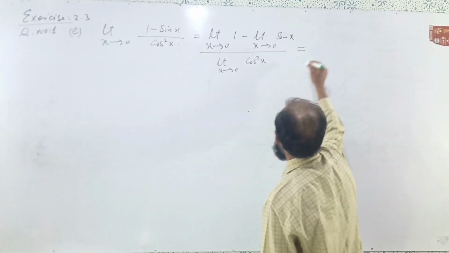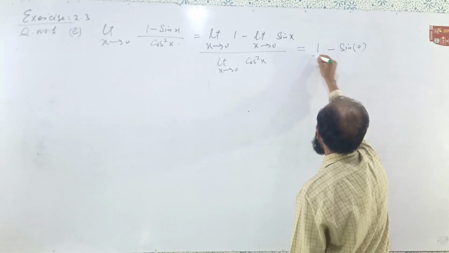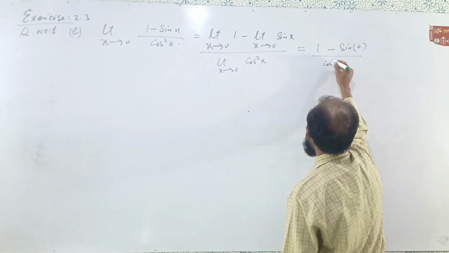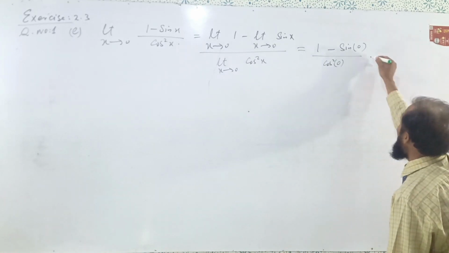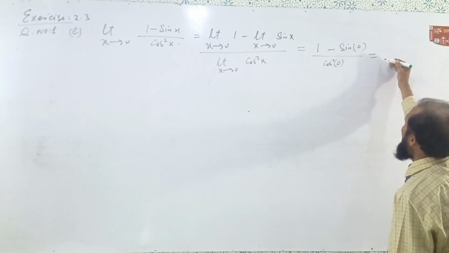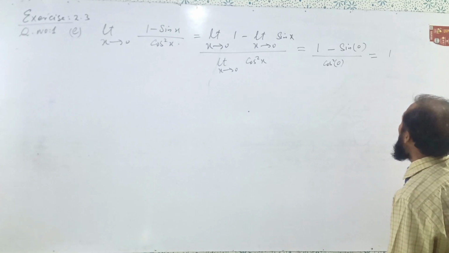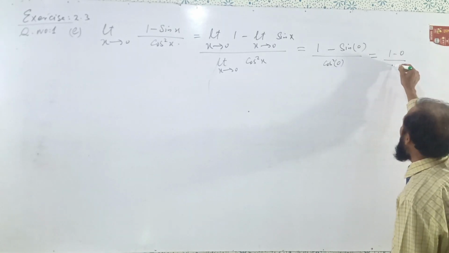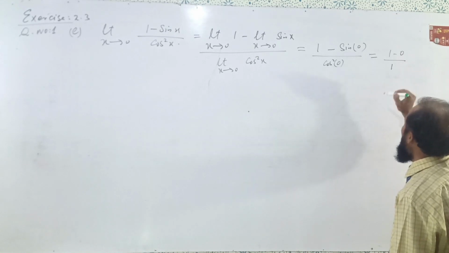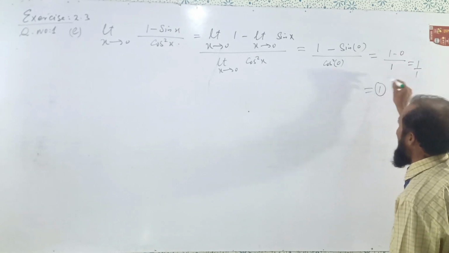So we get 1 minus sin 0, divided by cos square 0. Sin 0 is 0 and cos 0 is equal to 1. So we can write 1 divided by 1, so the result is 1.